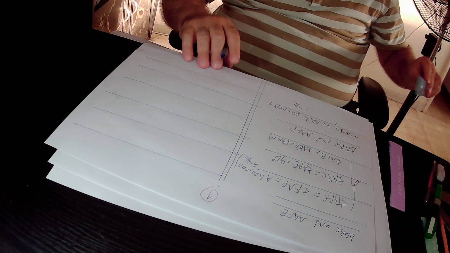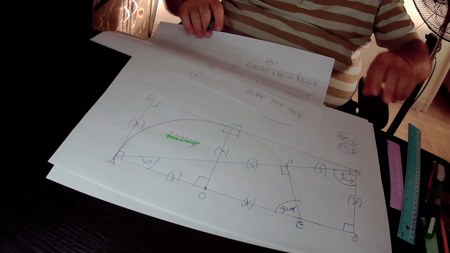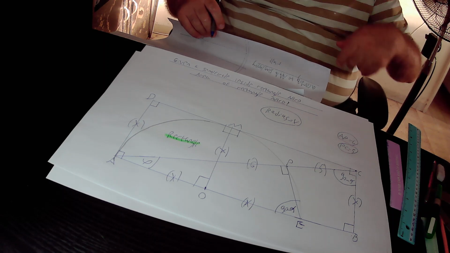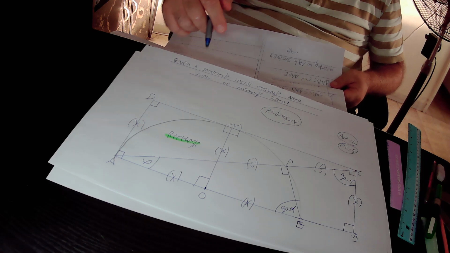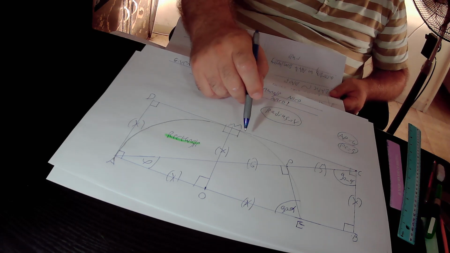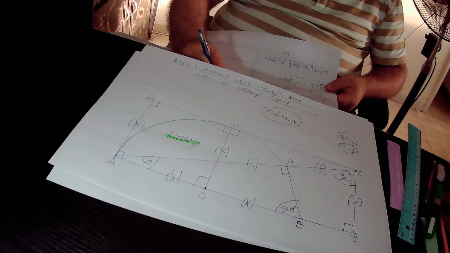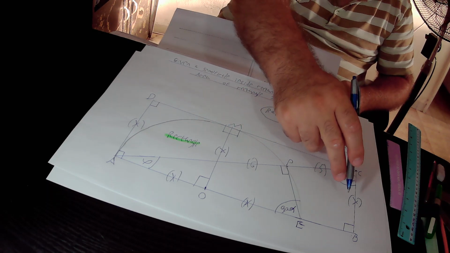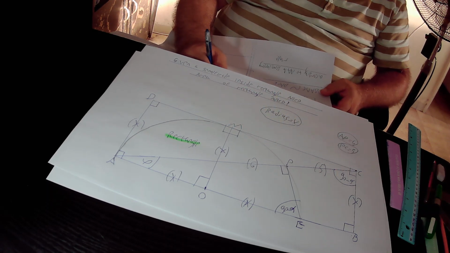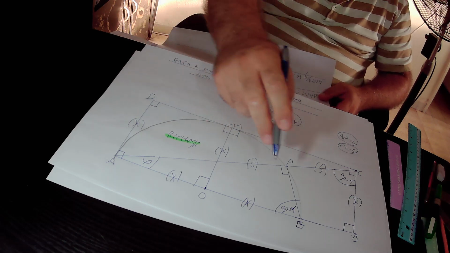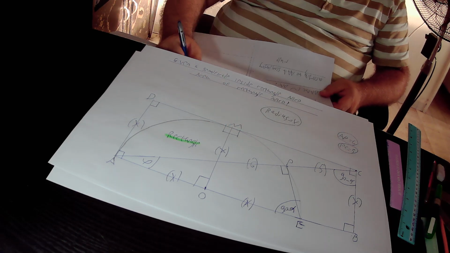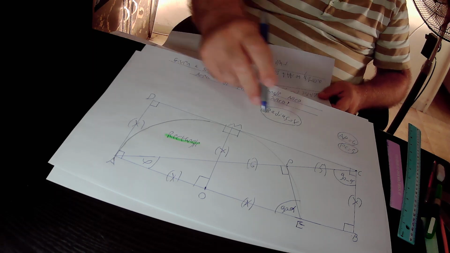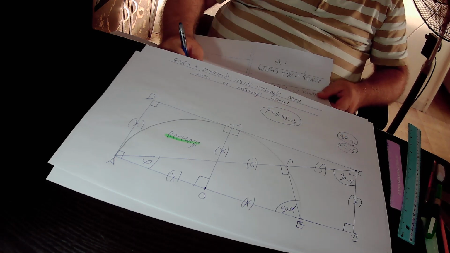And for the fact that the right big triangle ABC is similar to the right small triangle APE, we will derive that the following relationship exists between their sides. We will derive that side AP of the right triangle APE over side AB of the right big triangle ABC is equal to side AE of the right triangle APE over side AC of the right big triangle ABC.